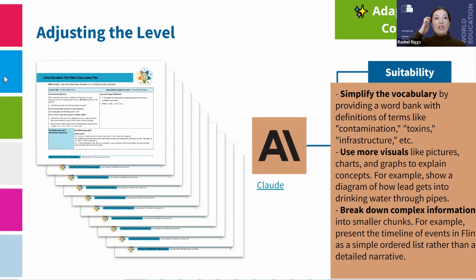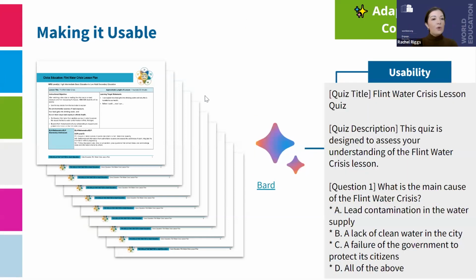Then if we look at usability, where we want to think about, okay, how can I get an activity from here that's ready to use with learners? What I did then was use a tool called Bard. In Bard, I can provide a link to the PDF and Bard will be able to ingest it.